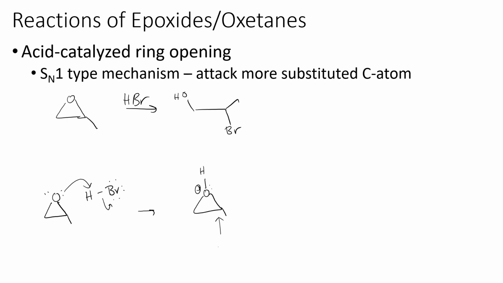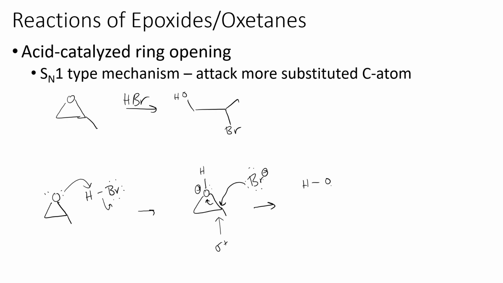And this carbon atom here has the higher partial positive charge. So since it has the higher partial positive charge, the halide that we generated is going to come in and attack that carbon instead of the less substituted carbon.